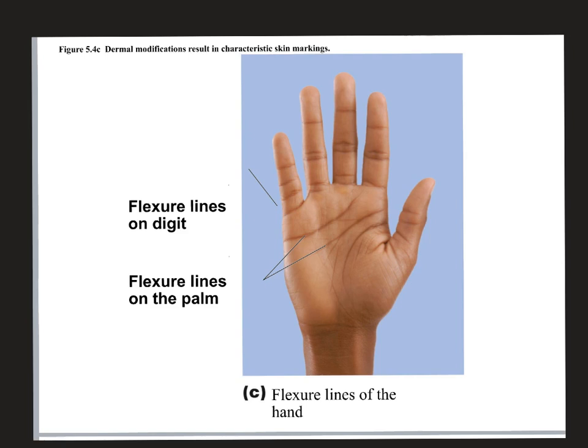So based upon movement, these lines, like the lines of the palm, are there based upon movement of your hands and your body, right? So you have flexure lines in your elbows, in the back of your knee, in your ankles, in your face, etc. So movement of bones, movement of skin, you end up with these flexure lines, where movement and bending and stretching of skin occurs.